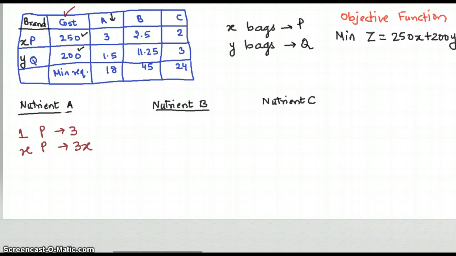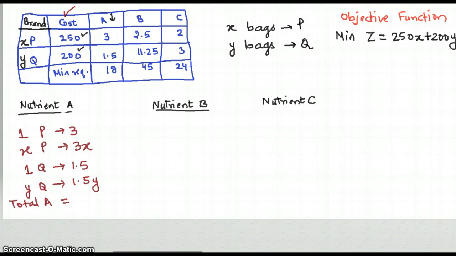Now nutrient A is present in both brands, brand P and brand Q. So now we have to use this number as well. One bag of brand Q needs 1.5 units of nutrient A. So Y bags of brand Q need 1.5 times Y units of nutrient A. Now what will the total nutrient A be?